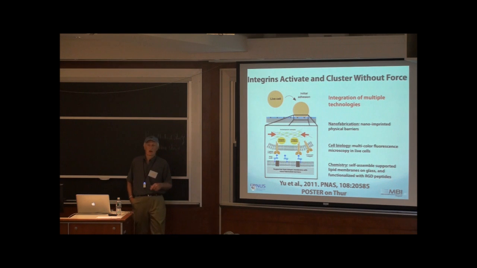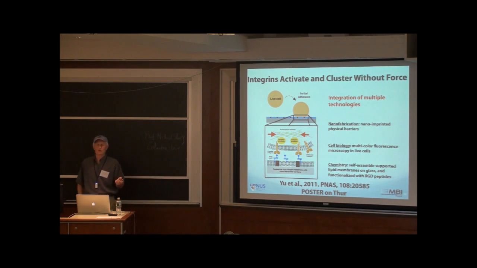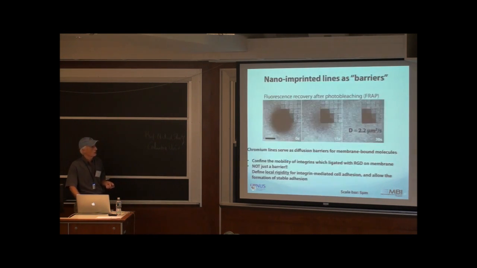These lines are nanofabricated, roughly 100 to 200 nanometer wide lines of chromium, which breaks the bilayer and you can't move beyond it, because if you do a photobleaching experiment, you find that the construct recovers with a lipid diffusion rate, 2 microns squared per second, but it doesn't recover in those regions which are blocked off by the lines, i.e. these square domains over here.